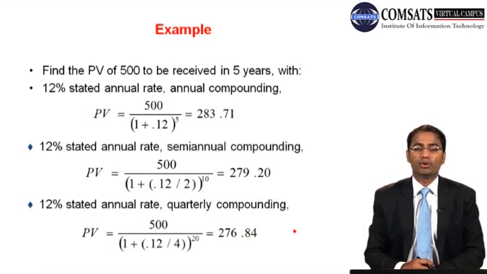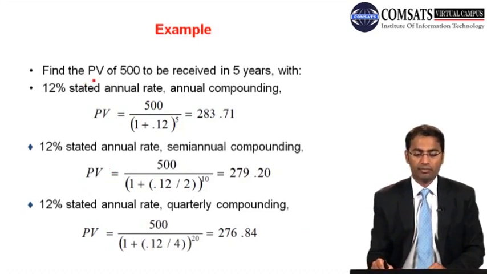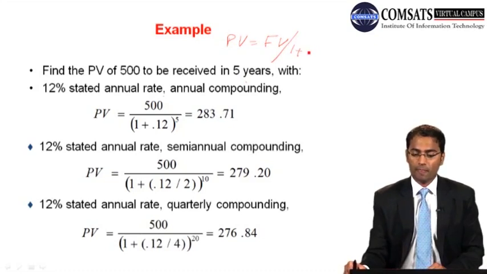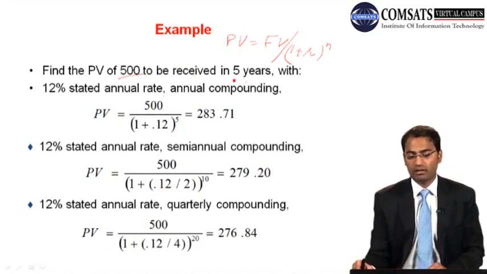And now we will go through a few examples, and let's say the first example is: find the PV of 500 to be received in 5 years with 12% stated annual rate, annual compounding. Okay, so the PV formula is equal to FV divided by (1 plus R) to the power N. So by putting in these values, 500 is the future value to be received in 5 years, so FV is equal to 500 and N is equal to 5 and R is equal to 12%, or 12 by 100, or 0.12.